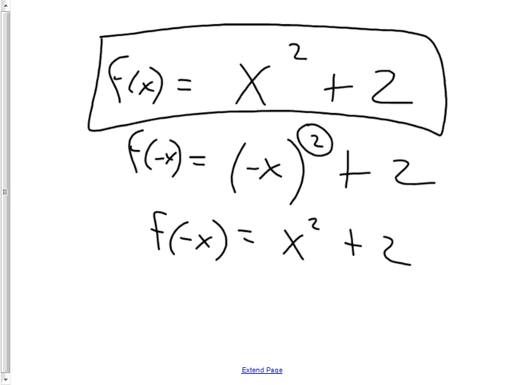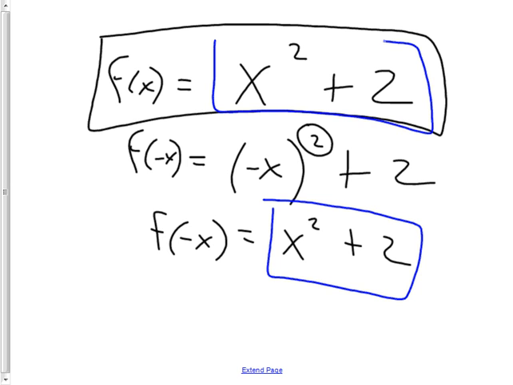I stuck a negative into this function, and what happened? It came out exactly the same as the original function. Do you get what I've written here really shows that f of x and f of negative x are the same as each other.